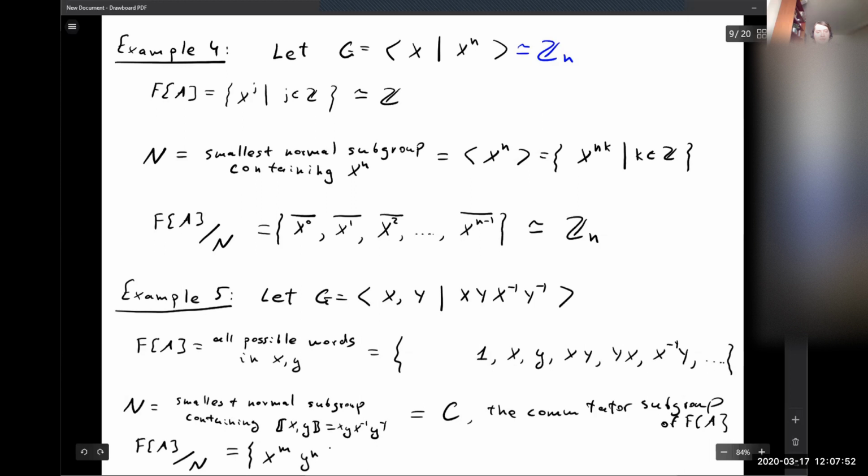Y to the n, where m, n are integers. And it is actually isomorphic to Z cross Z. Now, in this example, I swept a couple of parts under the rug, and that's actually a manifestation of a general fact.